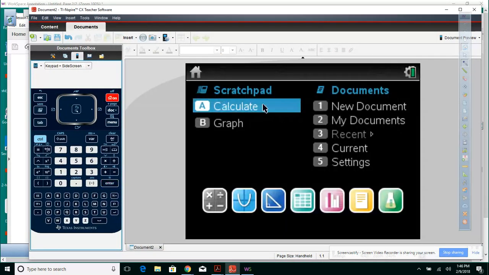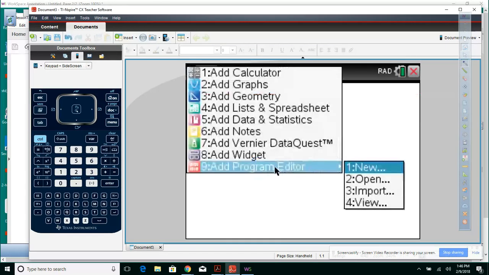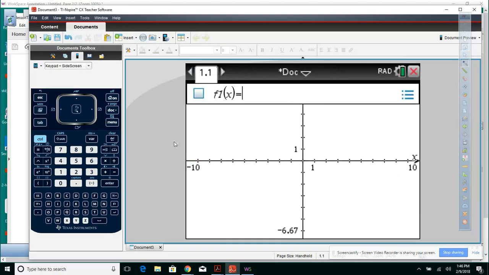On, new document, graph. It's going to round it a little bit.